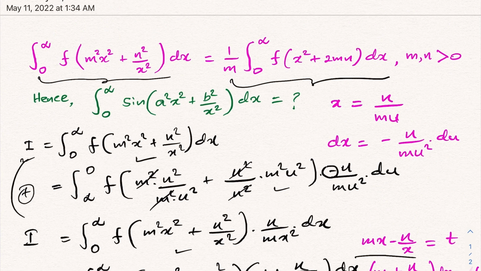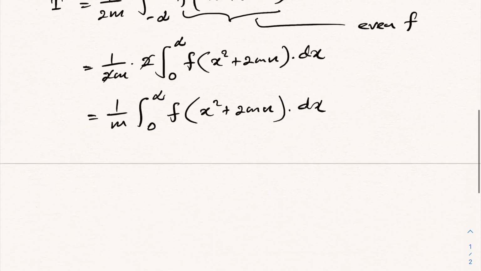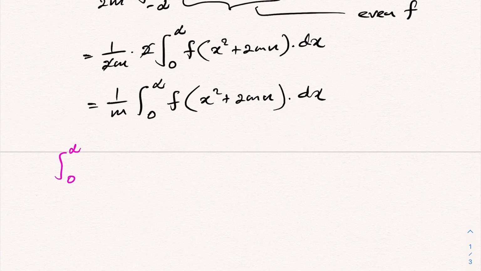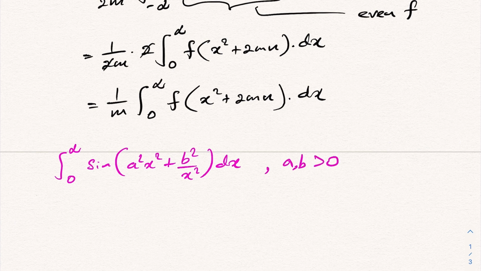Okay, then we have to evaluate the integral from 0 to infinity of sine of (a square x square plus b square over x square) dx, and here a and b are greater than 0. So we can apply our integral formula.